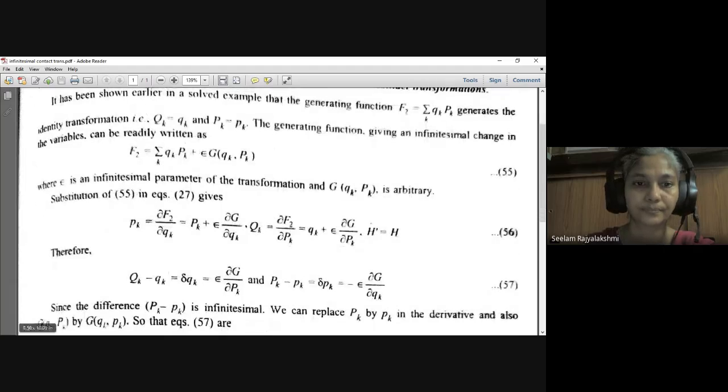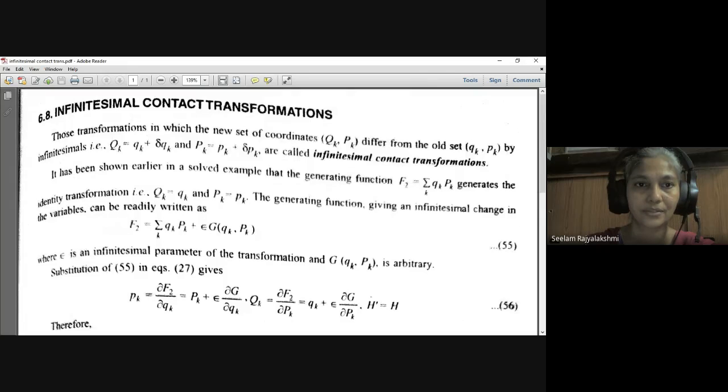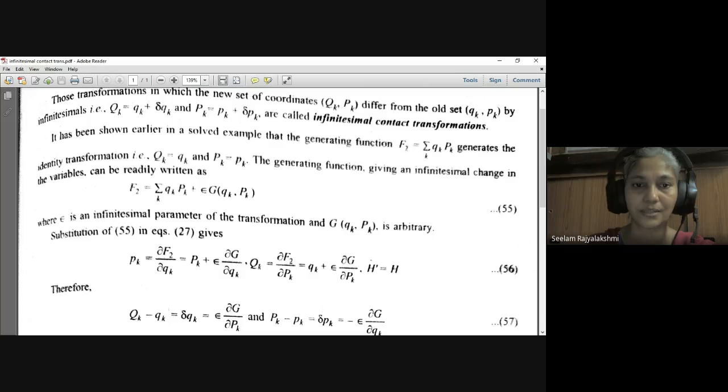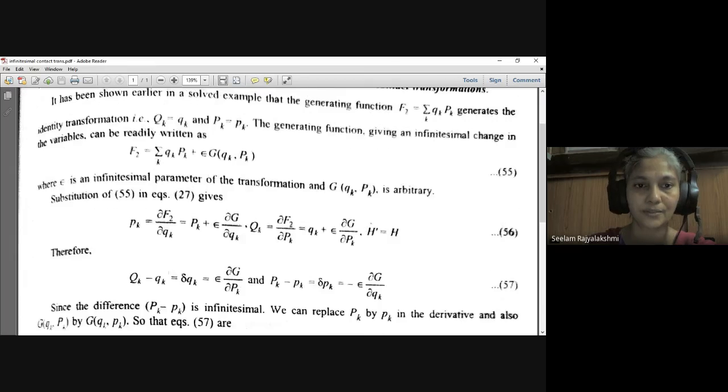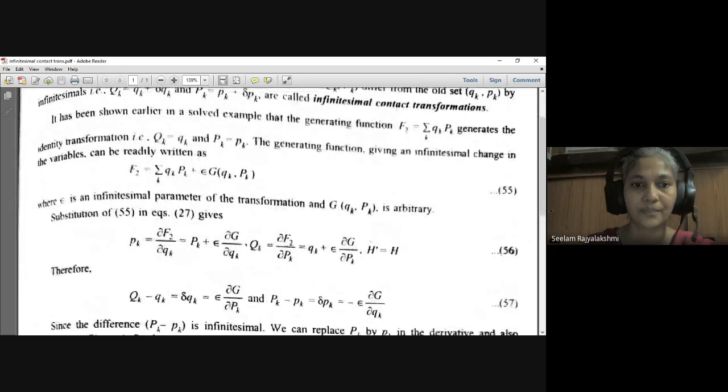Therefore capital Qk minus small qk is equal to delta qk. We already have capital Qk equal to qk plus delta qk and capital Pk equal to pk plus delta pk, which are the infinitesimal contact transformations. Bringing qk to the left-hand side, capital Qk minus small qk equals delta qk, which equals epsilon dou G by dou Pk.